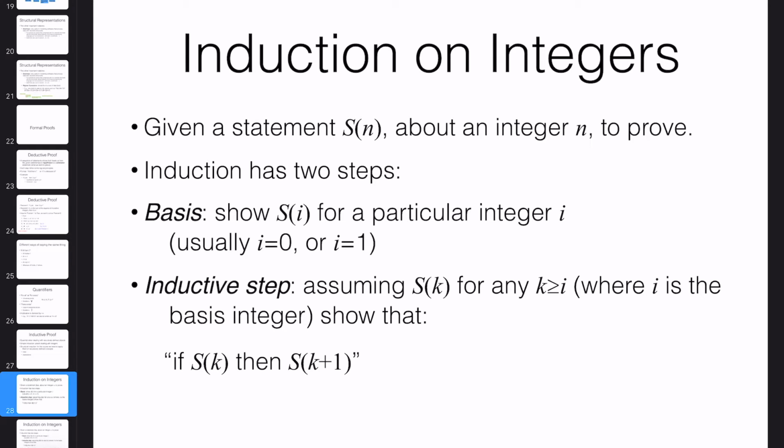In any induction, you have two steps: the basis, and the second step is the inductive step. Let me explain them over simple induction, which is induction on integer numbers, and then we will see an example of structural induction.